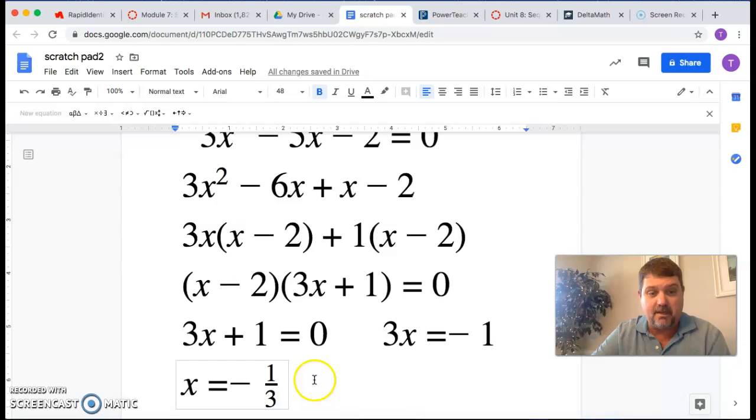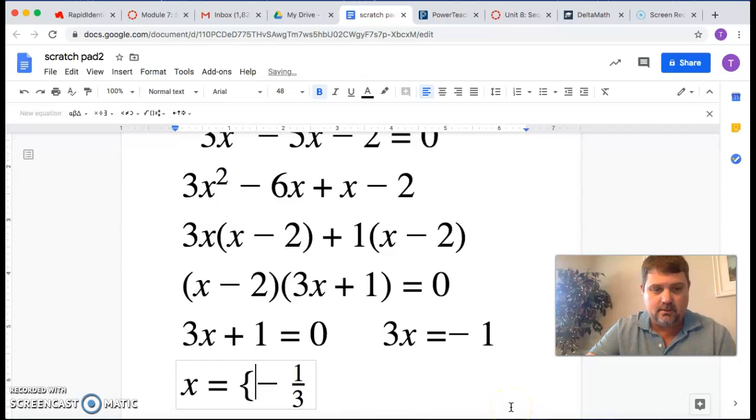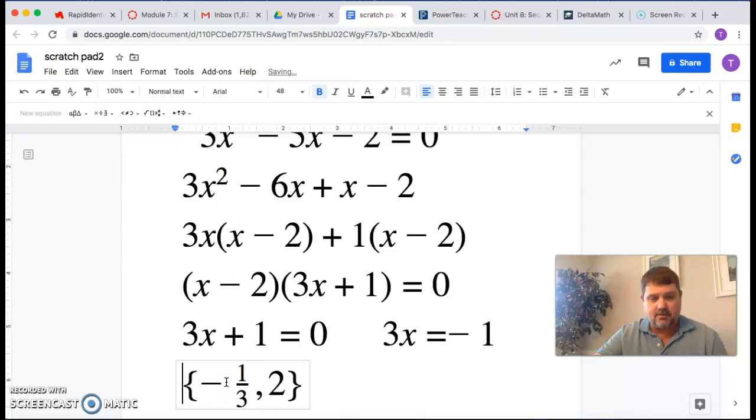So the solutions would be positive 2 and negative 1/3. And it would look like that. Of course, the x equals wouldn't be in there, but this is how they would write it. If you were doing this in a Delta Math assignment, that's what they would have, which is the right way to write it. Right, those are your solutions.